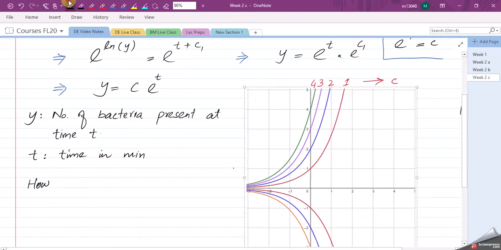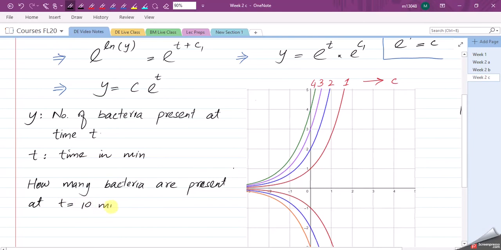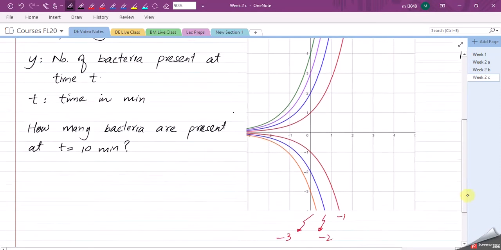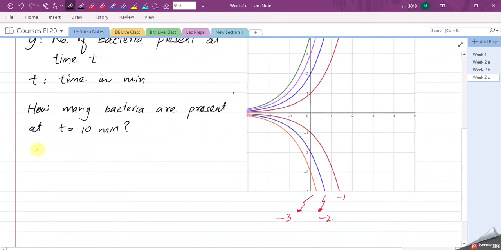So if somebody asks us how many bacteria are present at t equals 10 minutes. Can we answer this question from our solution? If we put t equals 10, we get c e power 10.